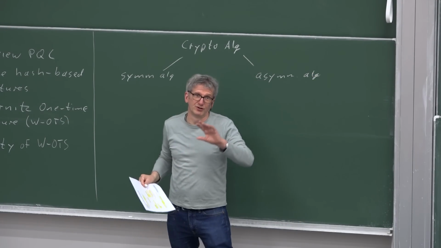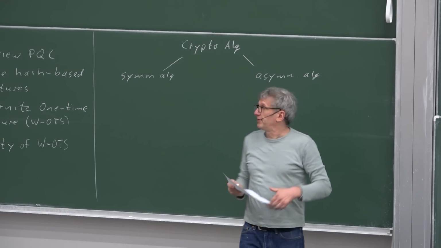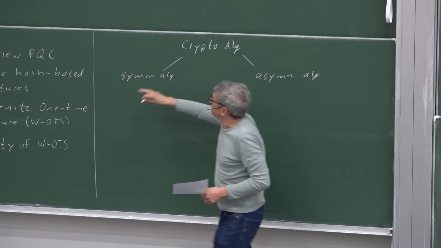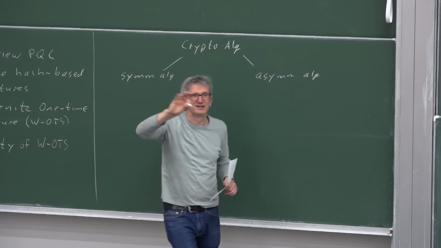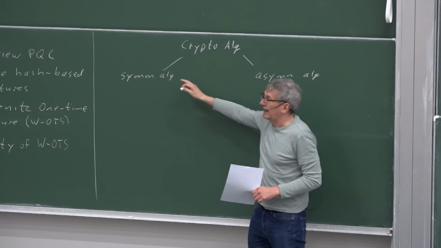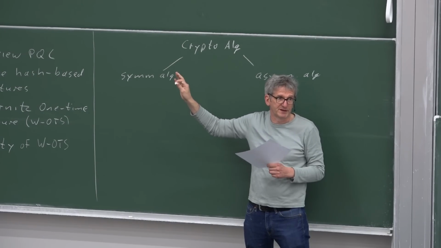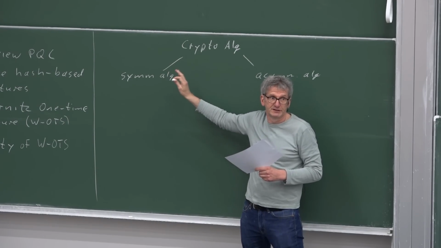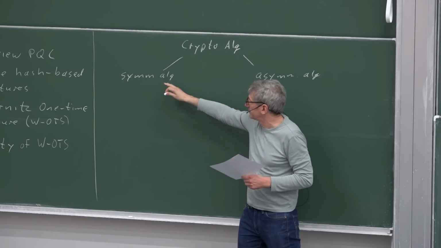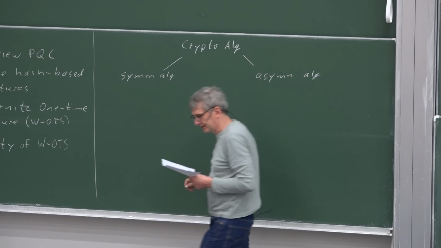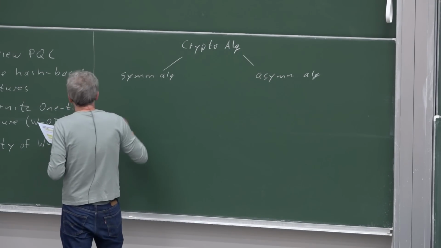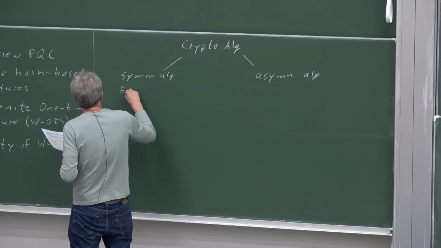And spoiler alert, the impact that quantum computers that might or might not exist at some point have on these two families is hugely different. What you can do with quantum computers heavily depends on whether you look at AES or at RSA.